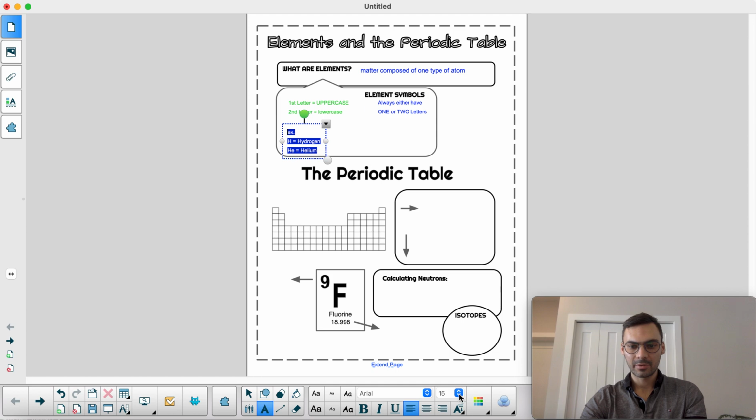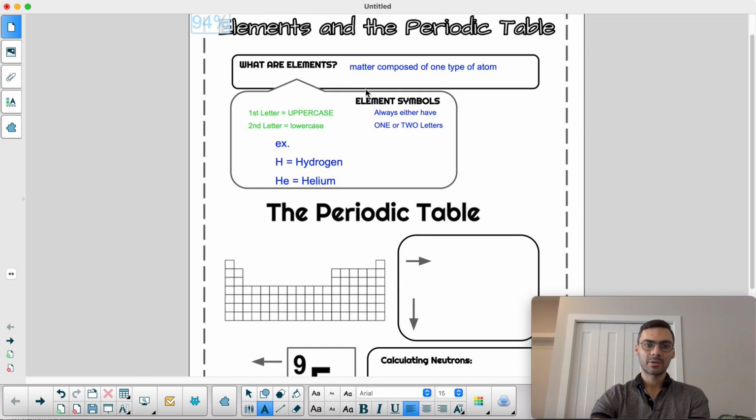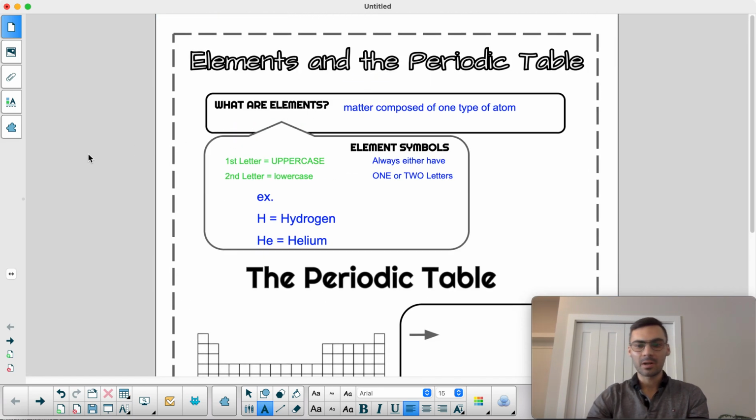Whenever you're going to be asked to write out element names, I want you to make sure that you're following the rules of this box right up here. So I'm going to zoom in. If you need a little bit more time, you can pause the video right here and make sure that you have that copied down.